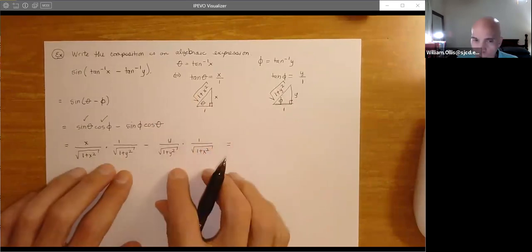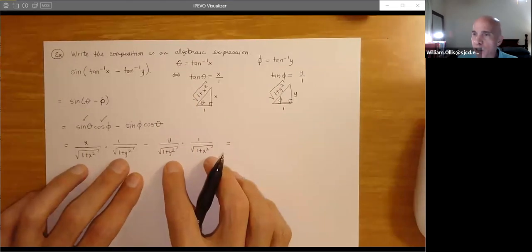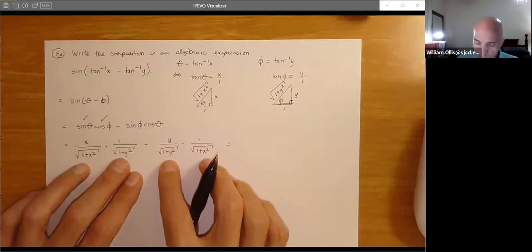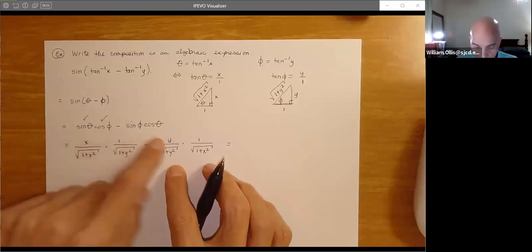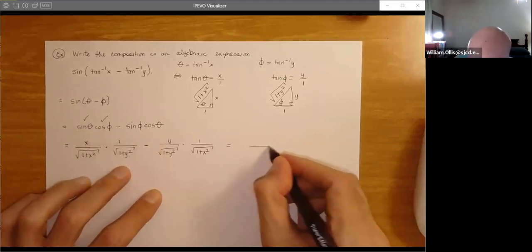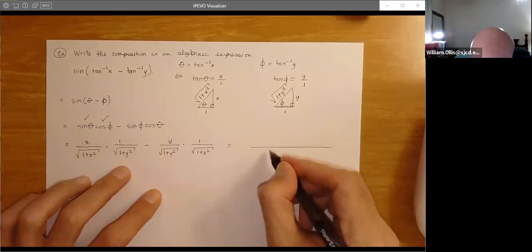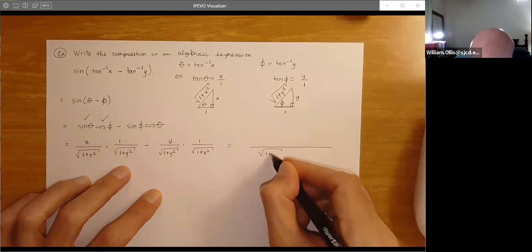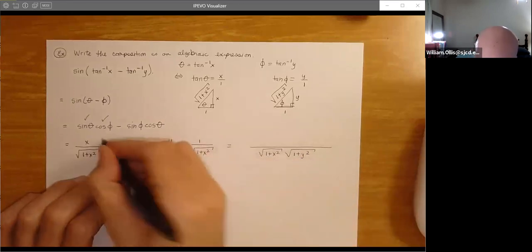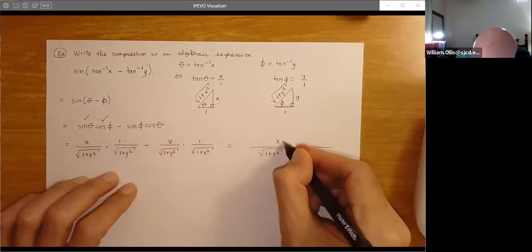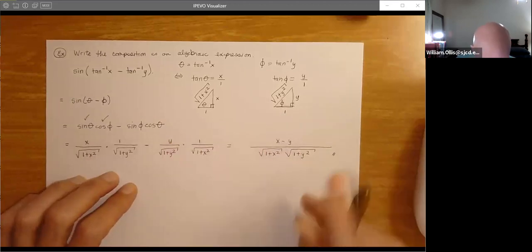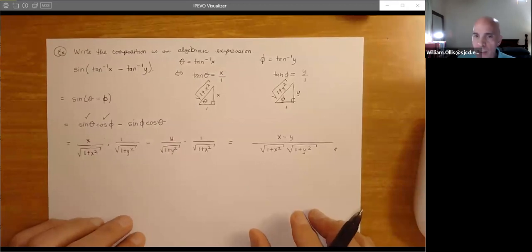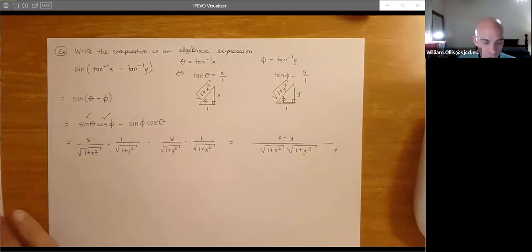So now, the trig people have been good to us because we got the same denominator, so we just have x minus y. So we're not gonna quibble about that. So we have the square root of 1 plus x squared times the square root of 1 plus y squared, and then of course x minus y. So actually no more difficult than what we've been doing.